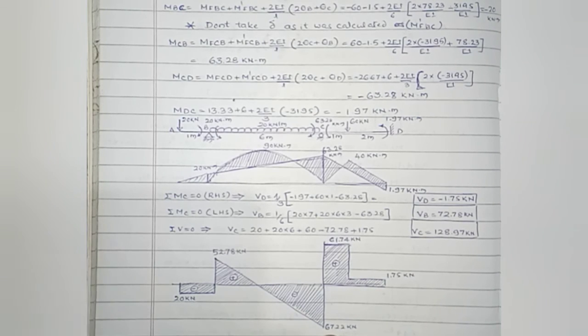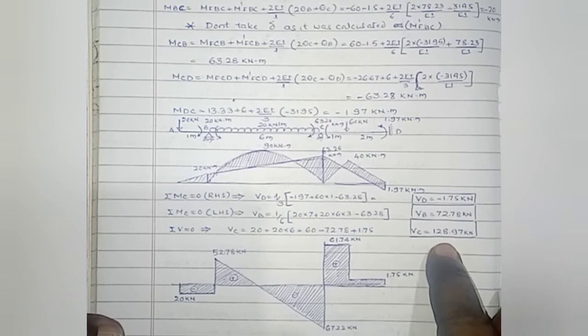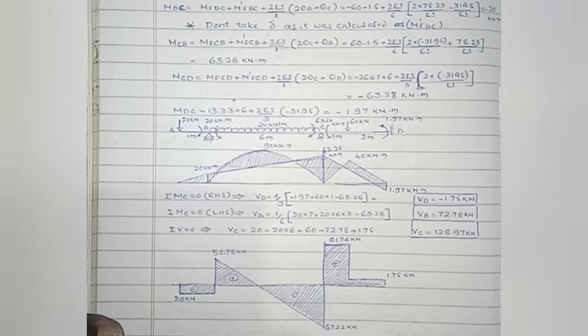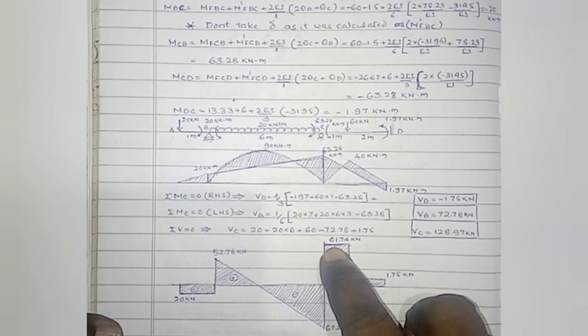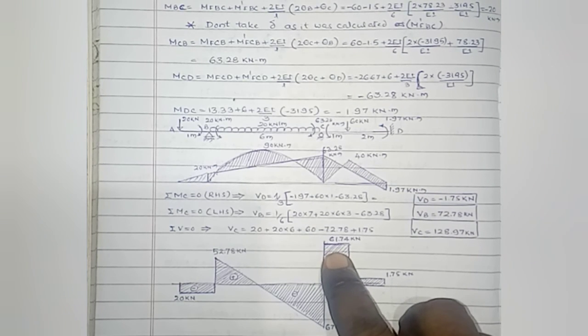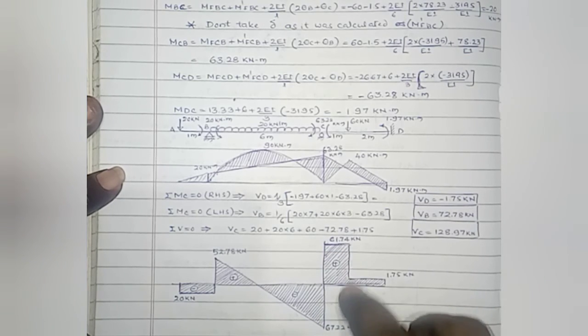Then because of the support reaction at C, that is 128.97 minus 67.22, the shear force becomes 61.74 kilonewton.